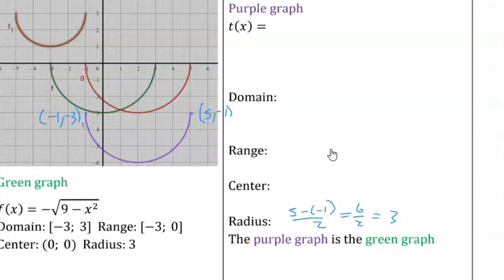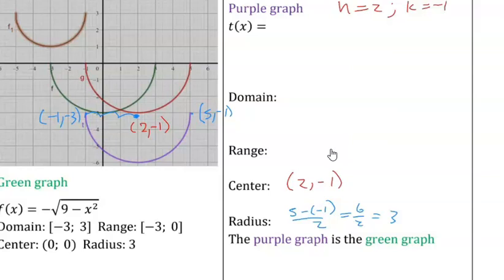The center, if I now go 1, 2, 3 units there, then I will get the point x is equal to 2, y is equal to minus 1. So the center will be (2, -1). Therefore, my h is equal to 2 and my k is equal to minus 1.